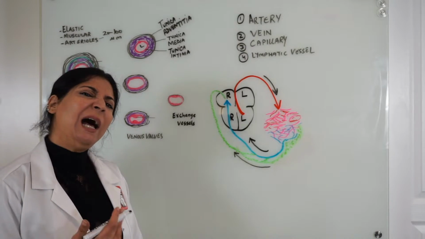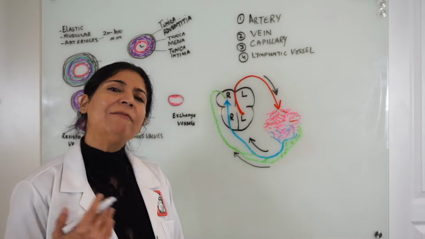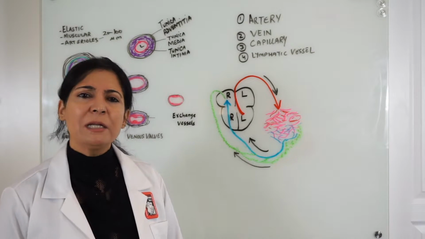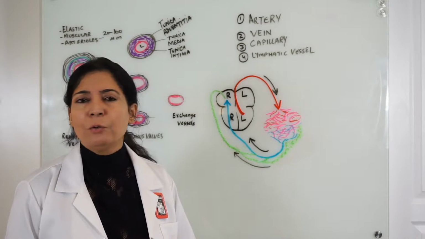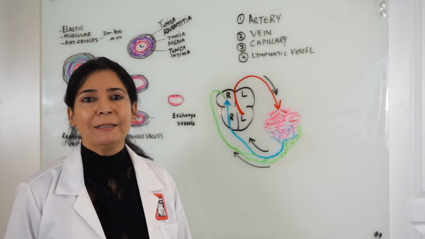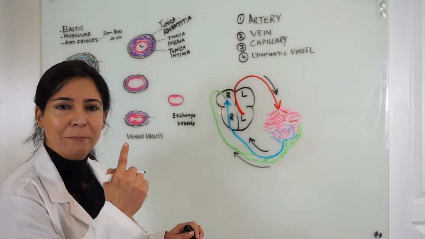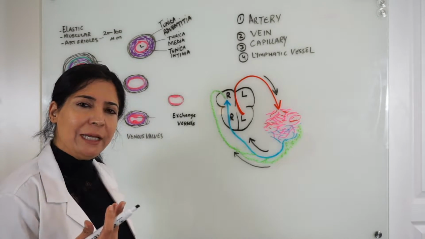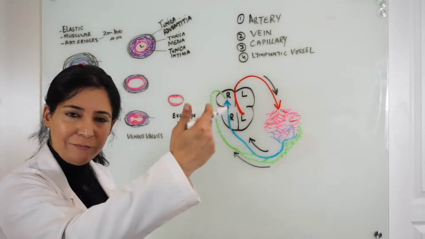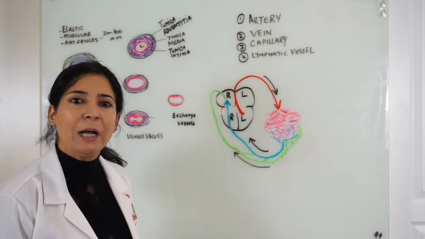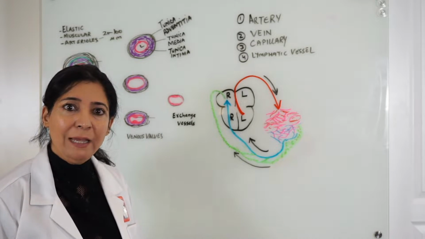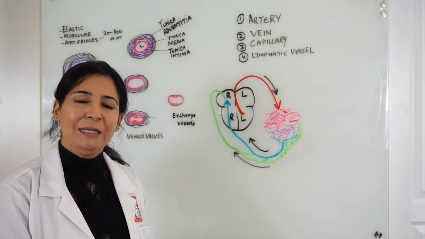Now, why have we labeled them as elastic, muscular, small arteries and arterioles? Because if we keep this architecture in our mind, there must be something different in the walls of these different types of arteries. That's why we have named them differently, because their functions are different.